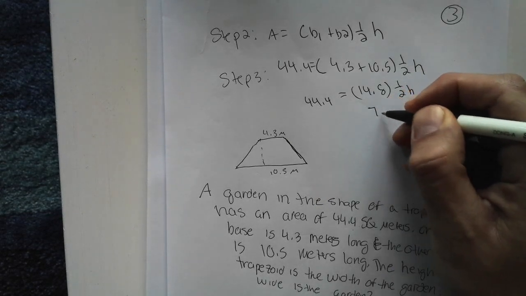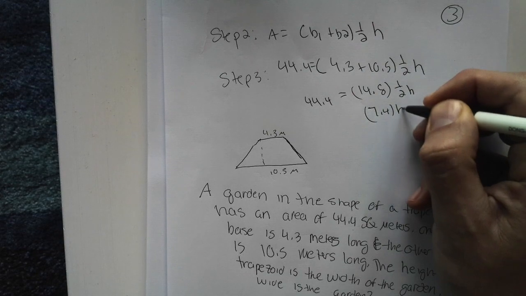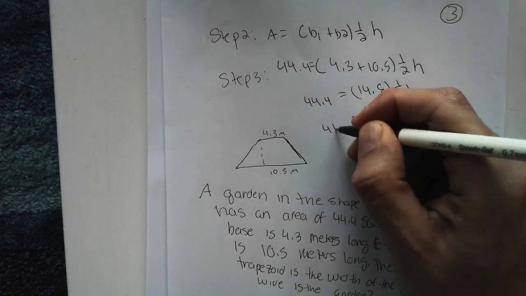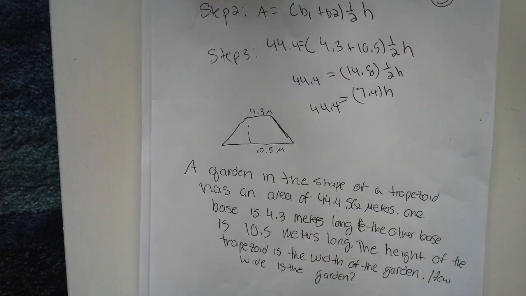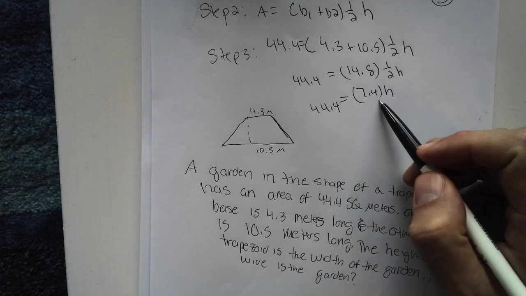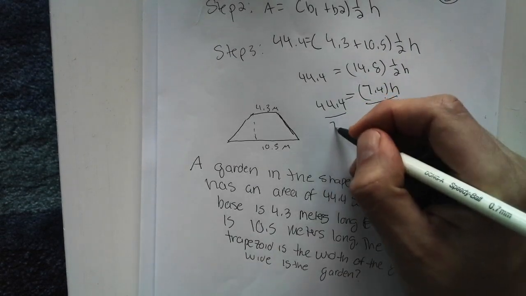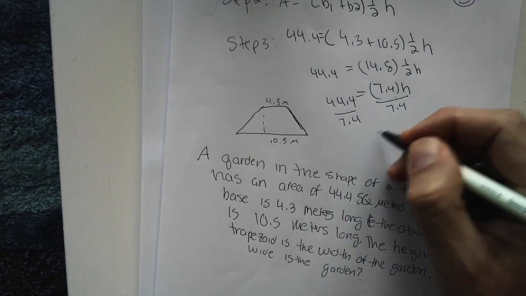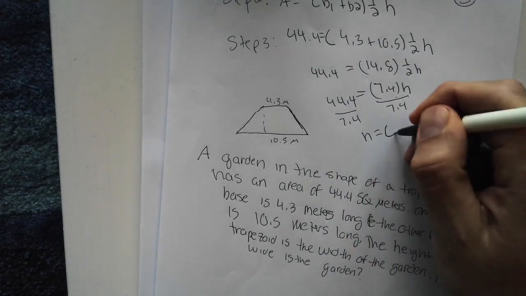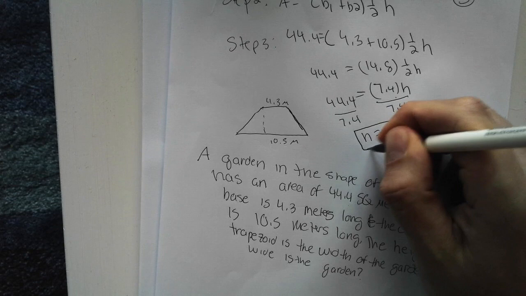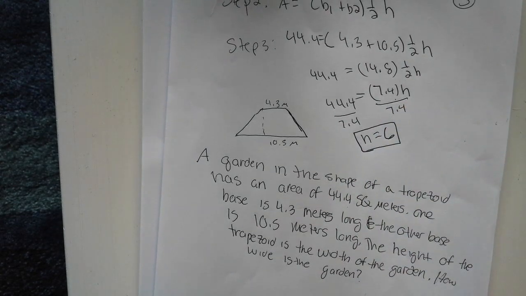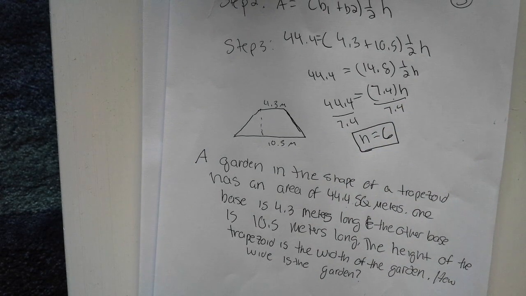That'll get me 7.4h. Now I have 44.4 equals 7.4h. Next, since I'm multiplying, I'll have to divide both sides by 7.4. And h is equal to 6. So what's the height of our trapezoid, of our garden? It's 6.